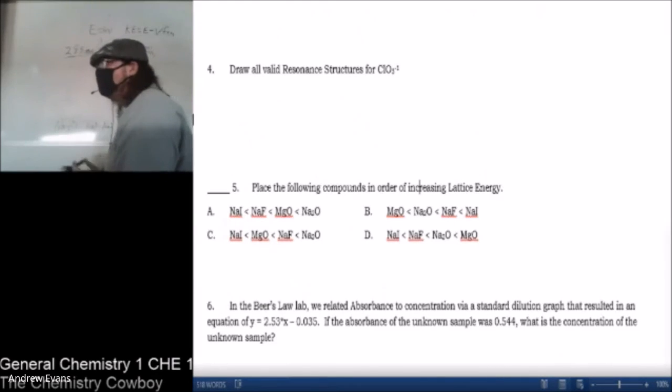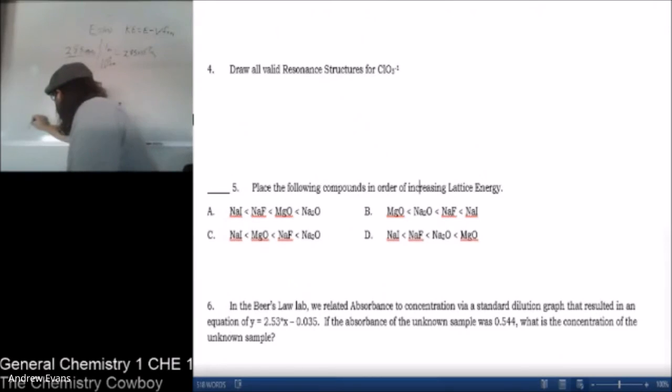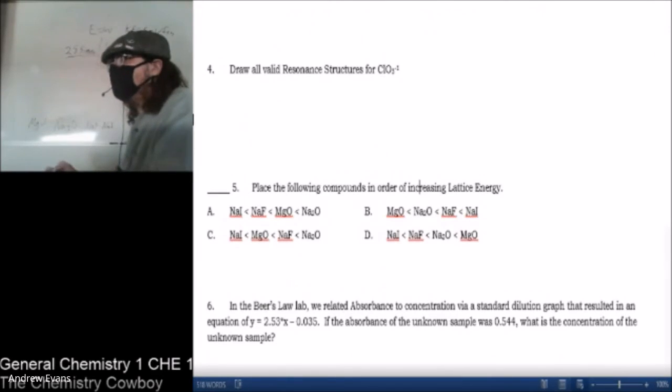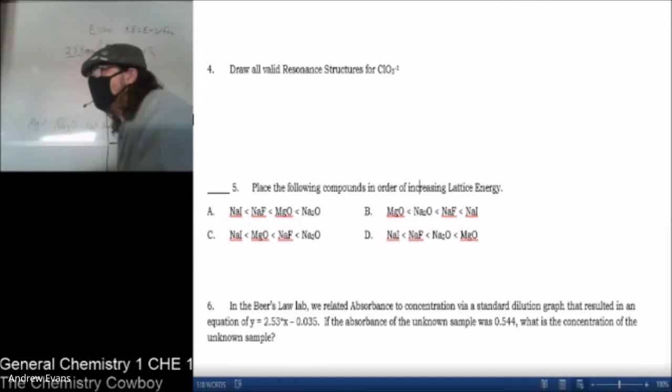So we're going to look at what is the overall charge of all the atoms, and then we'll look at which one's bigger or smaller. The rule is the more charge, the more lattice energy. The other rule is the smaller they are, the more lattice energy. But first thing is figuring out the charge.